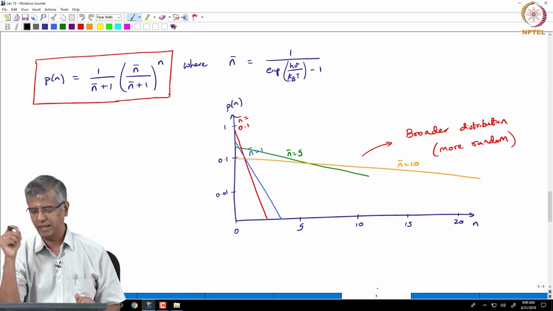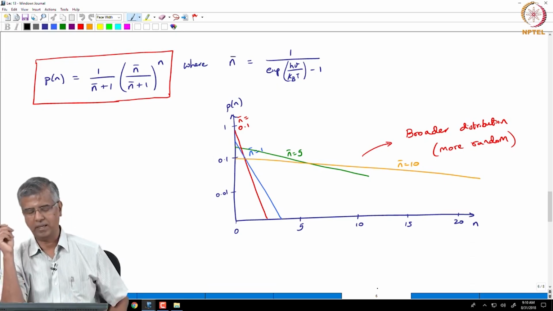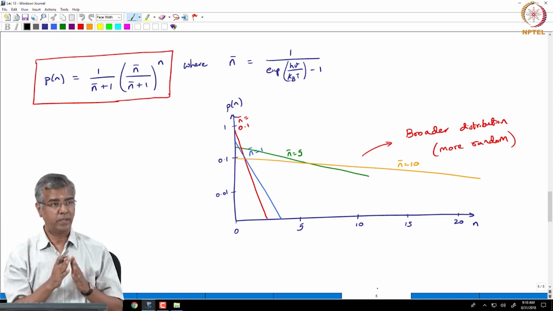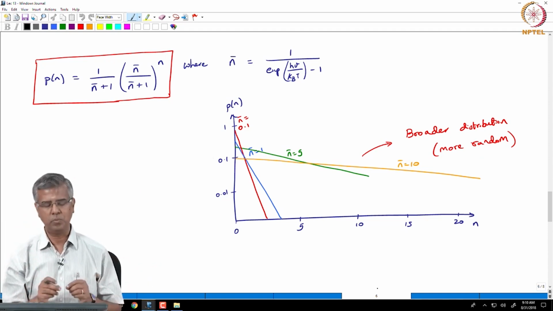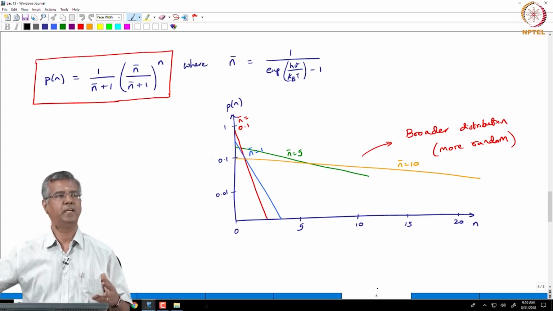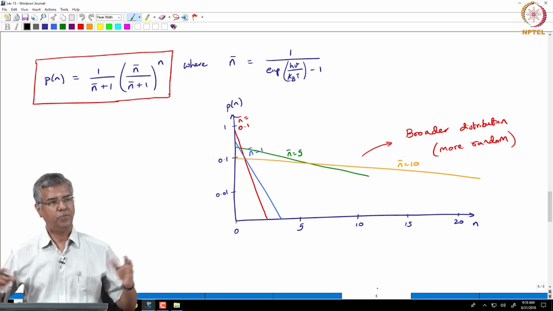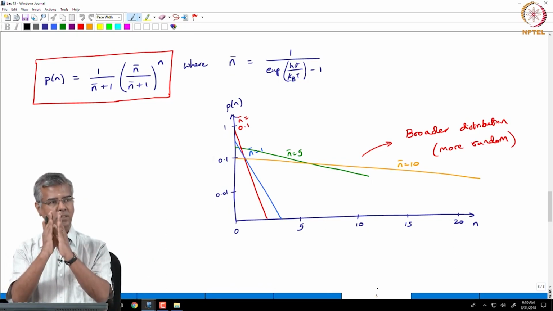Now we say n bar equals 10, right? The mean number of photons is 10. If you go to a really small time scale, you might find 0 or 1 or 2 or 10 or 20 or 30 even, right? But that is within this time scale.